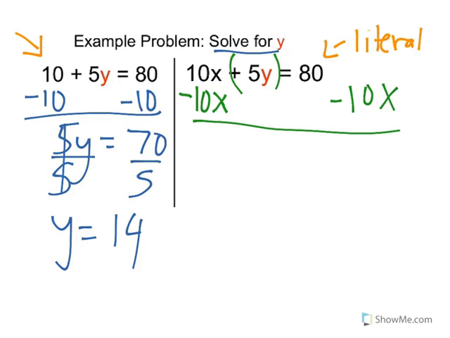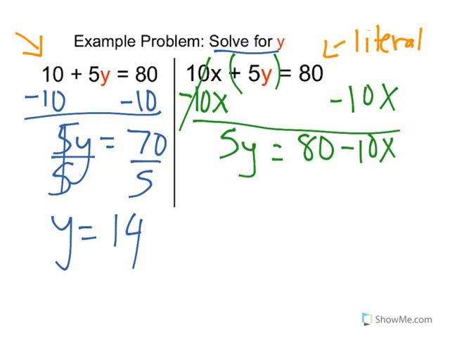I can't combine them. So 10x minus 10x is going to cancel out. We bring down our 5y is equal to, and over here you're just going to have to write both of them. You cannot combine them. They're not like terms. They have to stay separate.